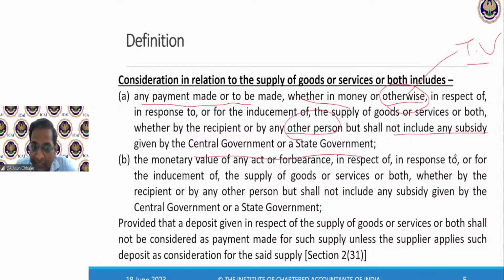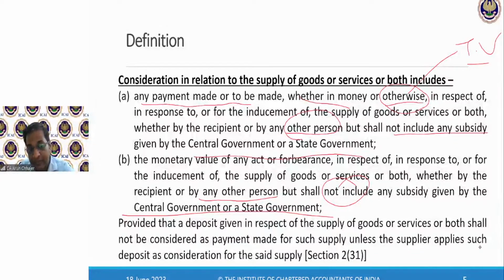Further, the monetary value of any act or forbearance in respect of, in response to, or for the inducement of the supply of the goods, whether by the recipient or by any other person, but shall not include the subsidy given by the central government or state government.